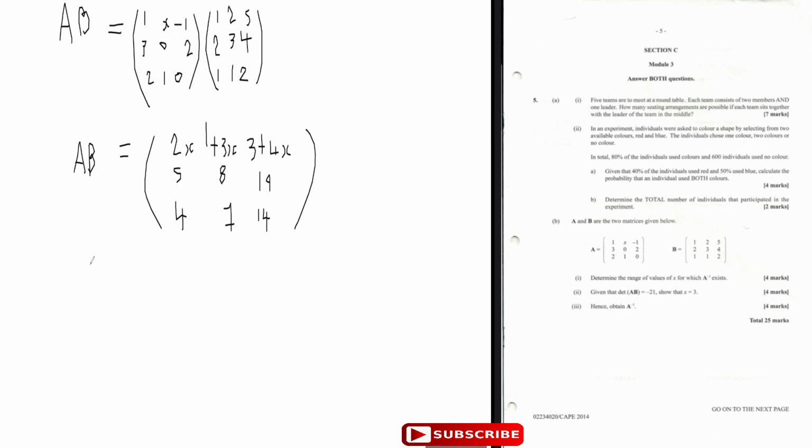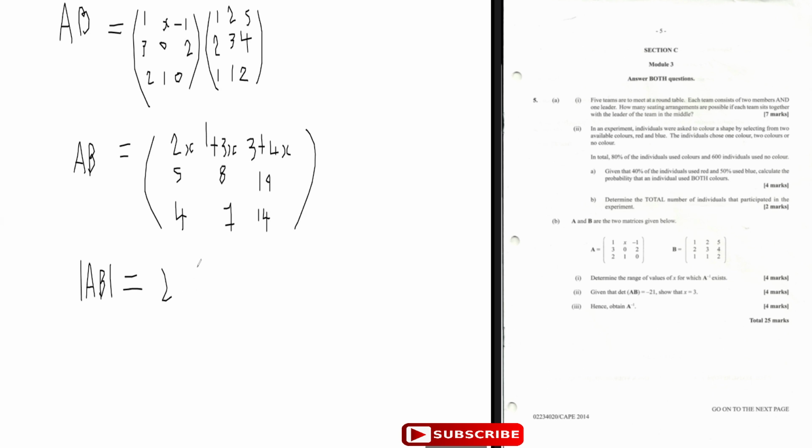All right, and so the determinant of AB, we're going to be using column 1. I like to use column 1.